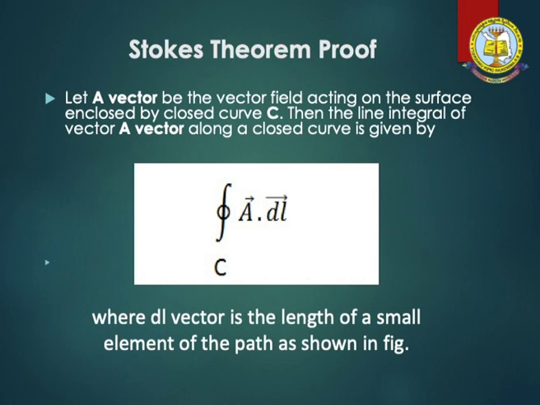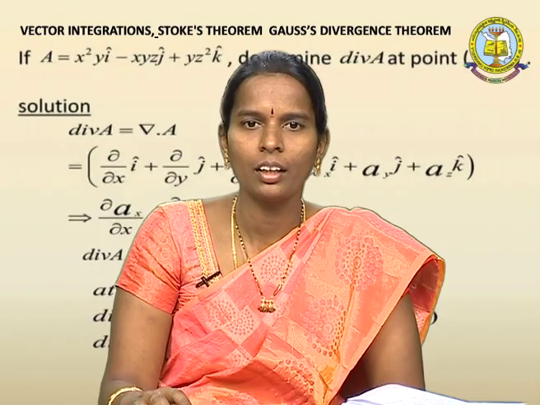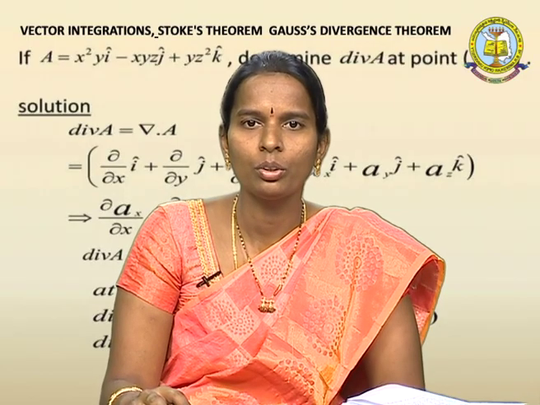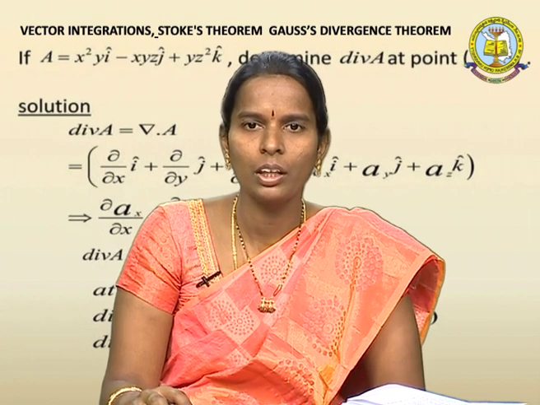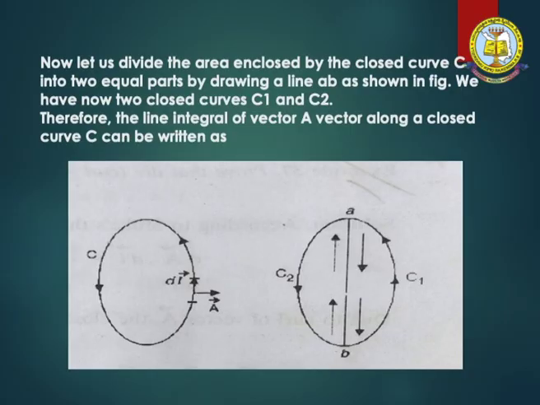You can consider one curve, the C curve, with the small element dl and a vector field A. The line integral over this closed curve is the integral over C of A dl. Now divide this curve into two equal parts, C1 and C2.